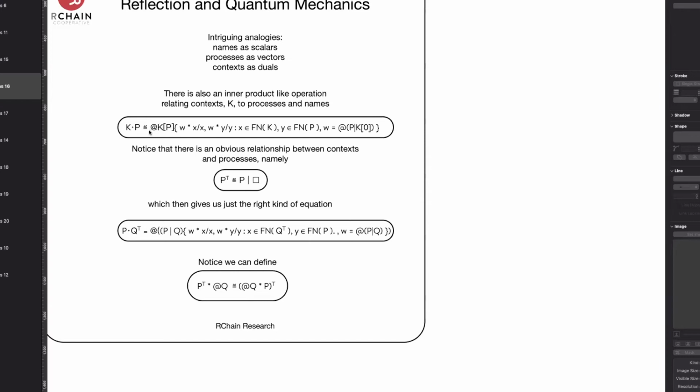But we have to do something a little fancy, right? So before we take the name, we form this process.